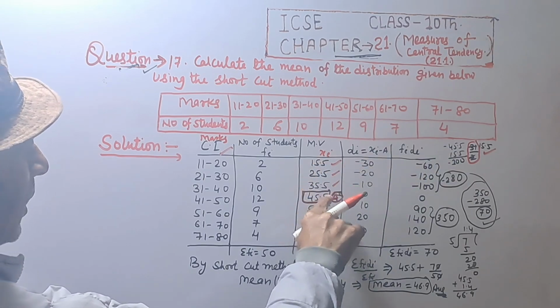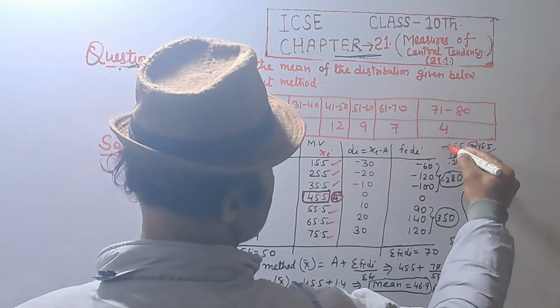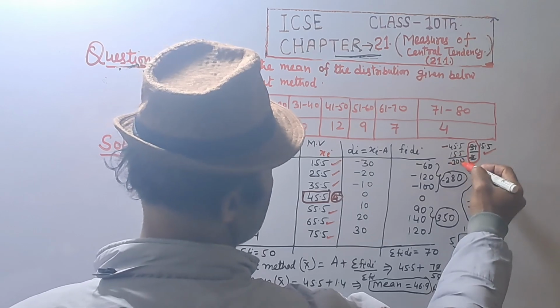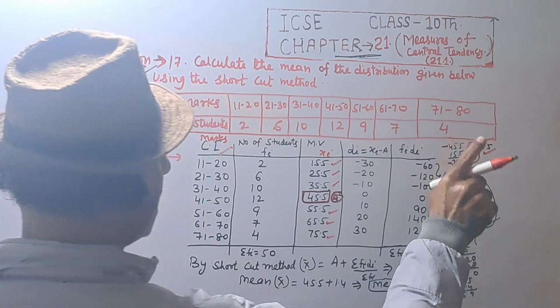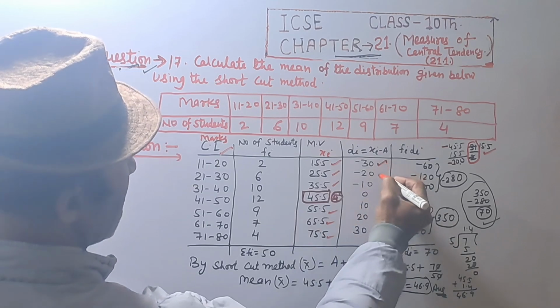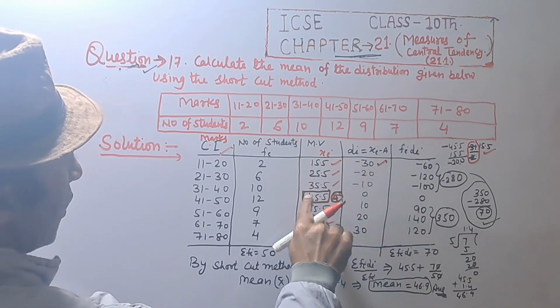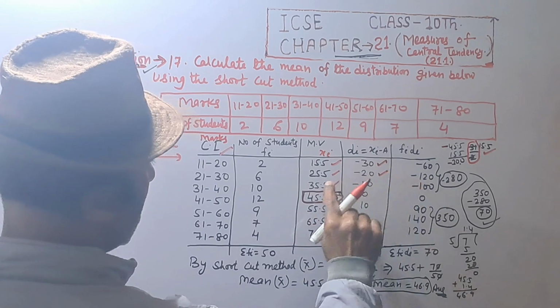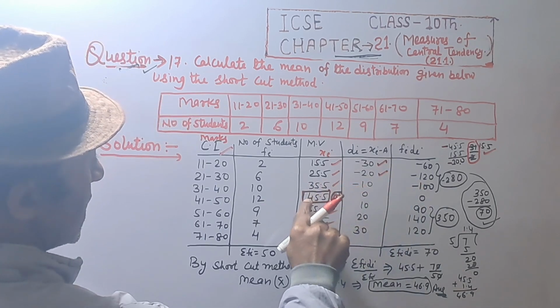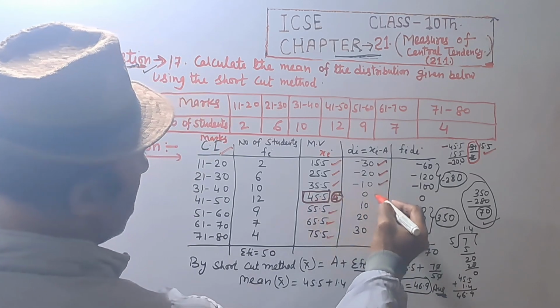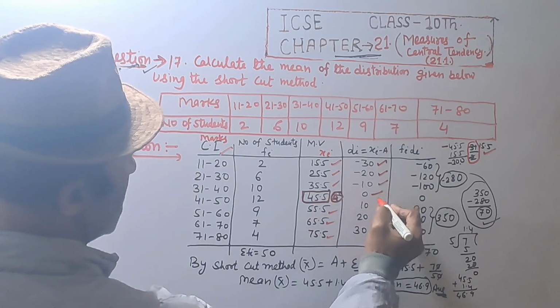15.5 minus 45.5, that is minus 30. 25.5 minus 45.5 is minus 20. 35.5 minus 45.5 is minus 10. 45.5 minus 45.5, that is 0.